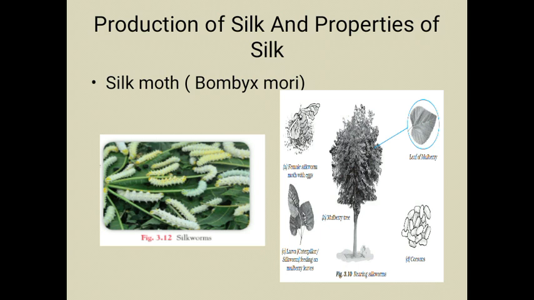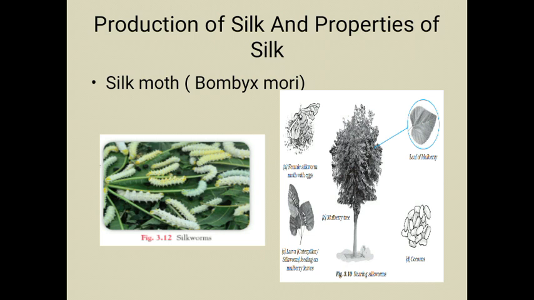The sericin is removed by placing these cocoons in hot water. Whenever cocoons are placed into hot water, the sericin, that means this cement, gets removed. This process frees the silk filament and prepares them for reeling.